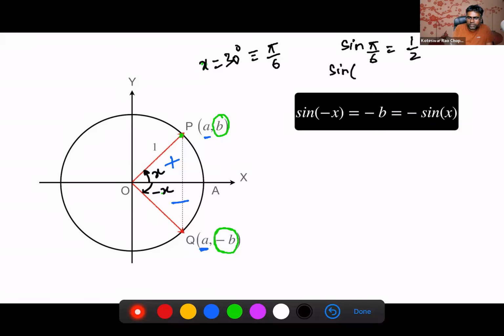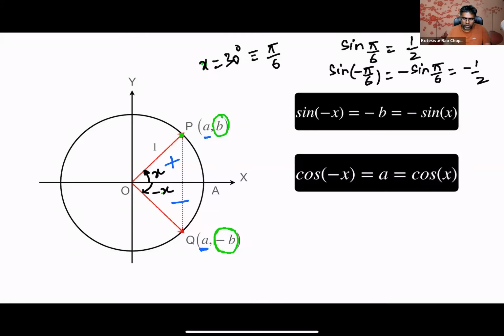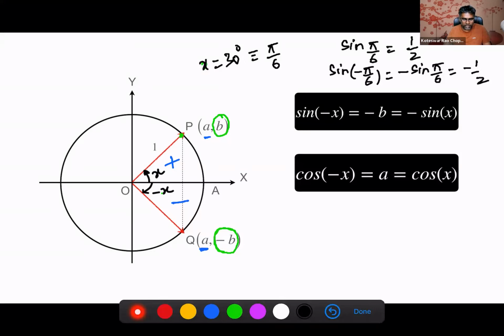Sine of minus pi by 6, you are actually getting into the fourth quadrant. So your sine value, because it is given by the y coordinate, it is negative. So sine of minus pi by 6 is minus sine pi by 6, and then you will get that as minus half. But your cos of minus x will still give the same value as cos x. So cos of minus x is still a, which is as good as cos x.